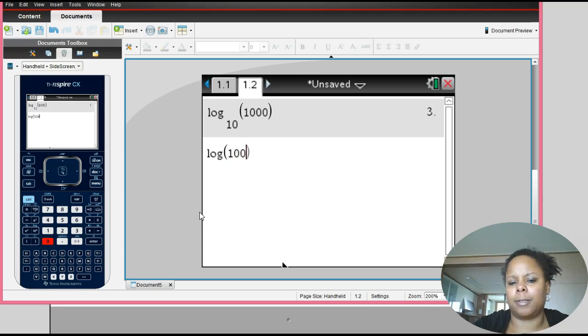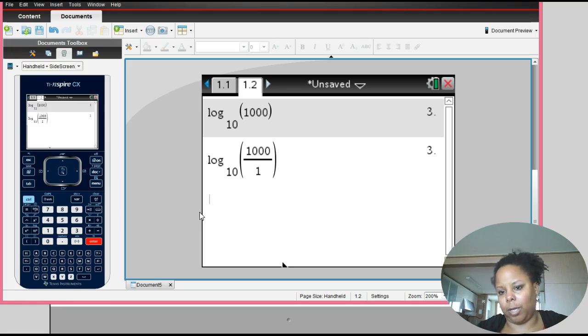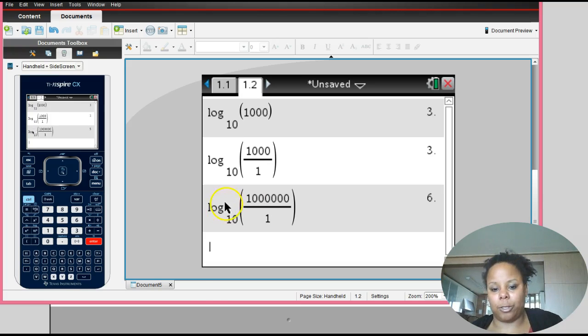But let's just compare 1,000 divided by 1. And I get 3. And because that's the log of 1,000 divided by 1, then we would say it's 3 orders of magnitude. The log of 1,000,000 divided by 1 is 6 orders of magnitude. Okay? So it's just another way to compare ratios.